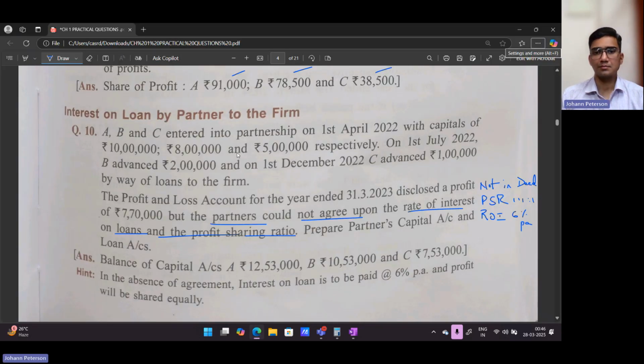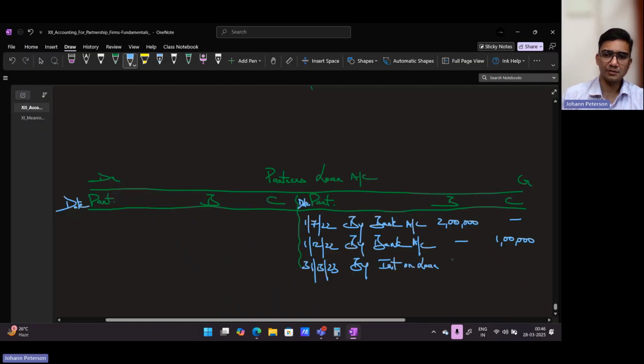First is whose loan? B's. So B is taken in July. So I'm going to give them interest at 6%. So 6 twos are 12. So 12,000 is for the whole year. So for 9 months, it is going to be 9,000. 12 months, it is 12,000. So for 9 months, it is going to be 9,000. So here I will write 9,000.